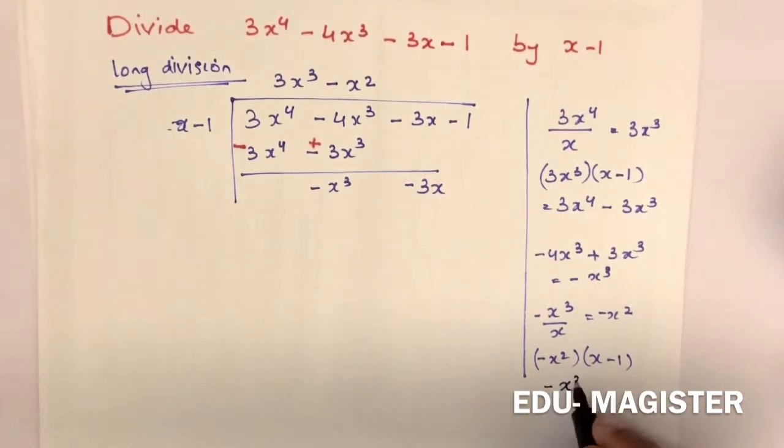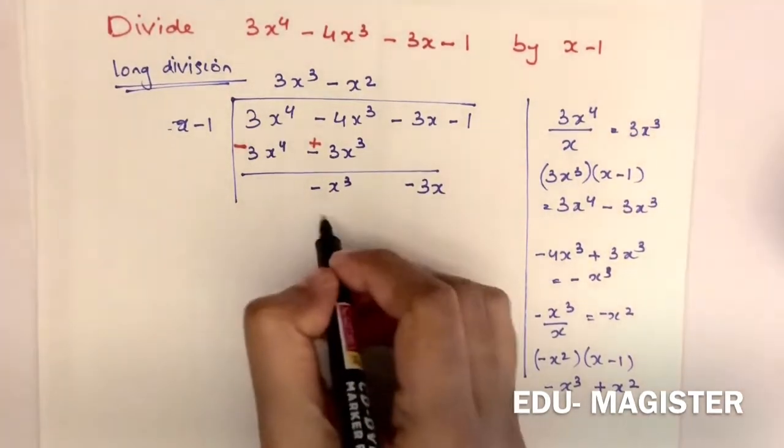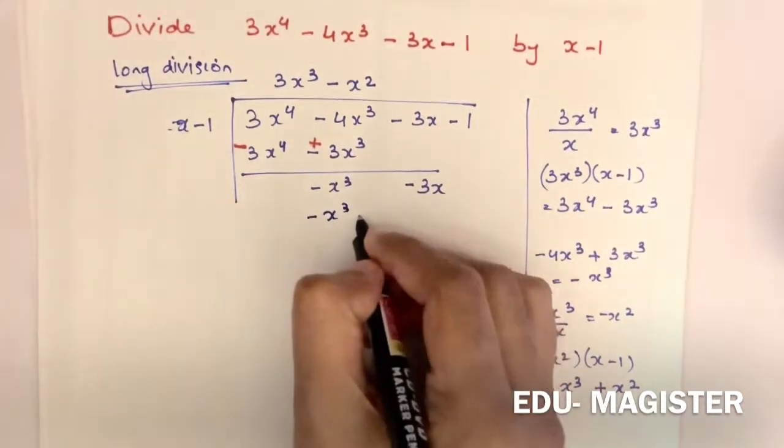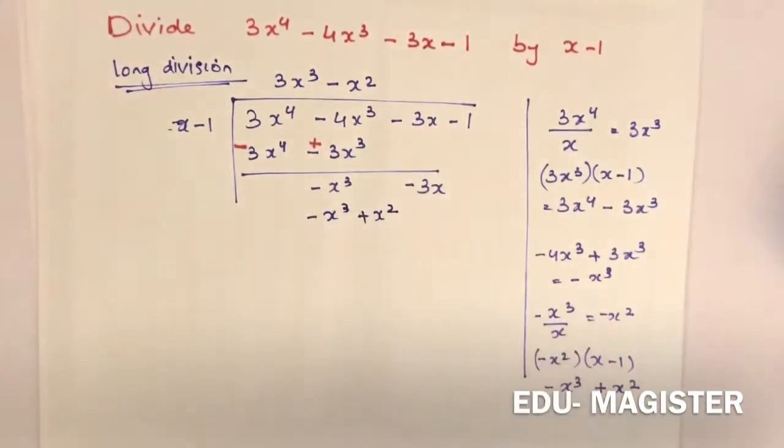So this is minus x cube plus x square, right? So if you write it down here, plus x square.